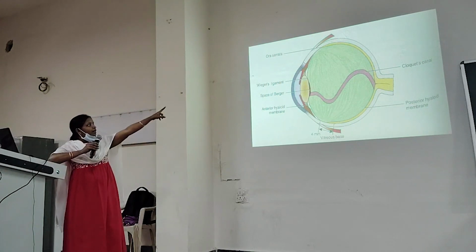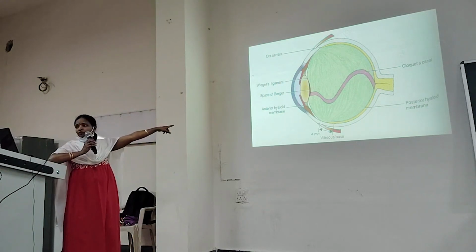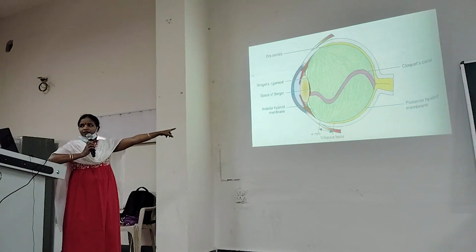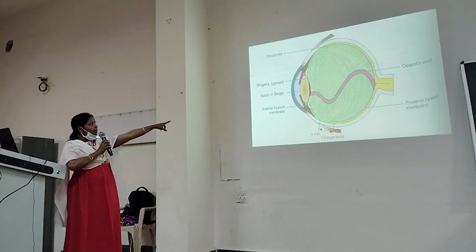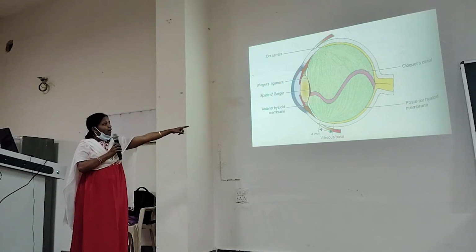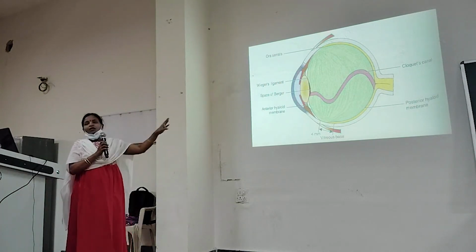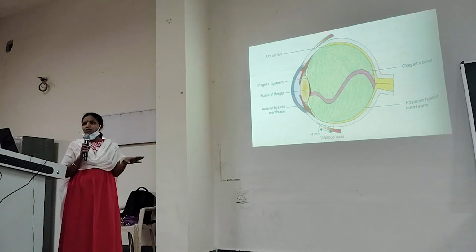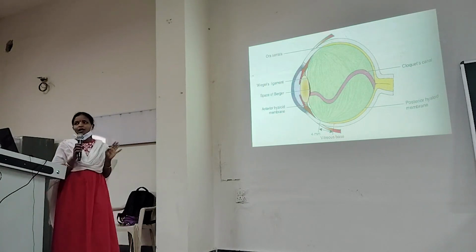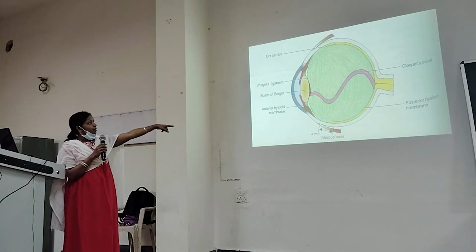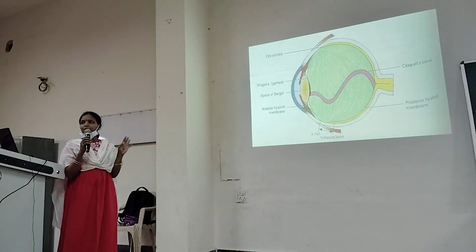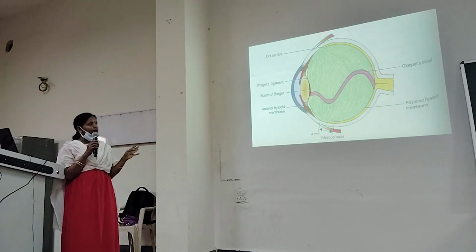Next comes that red colored zone which is present in front of the lens. You can see, right? That is the uveal structure, and it consists of the iris, ciliary body, and the yellow portion behind is the choroid. All three structures together form the vascular coat of the eyeball, okay? And the purple one and the white part surrounding is the fibrous coat of the eyeball, okay?